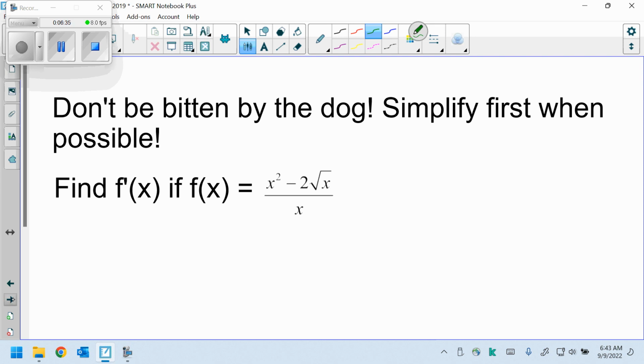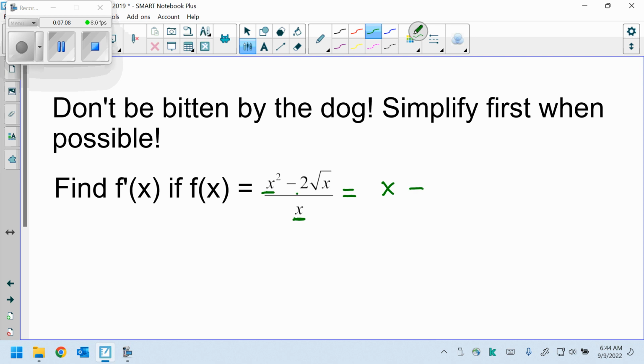We're going to learn how to handle derivatives that are written in fractional form in a little bit. But if those functions written in fraction form can be simplified, do that first before you try to find the derivative. Let's rewrite f of x. Let's take x squared and divide it by x, because I can simplify that. It's just plain old x.